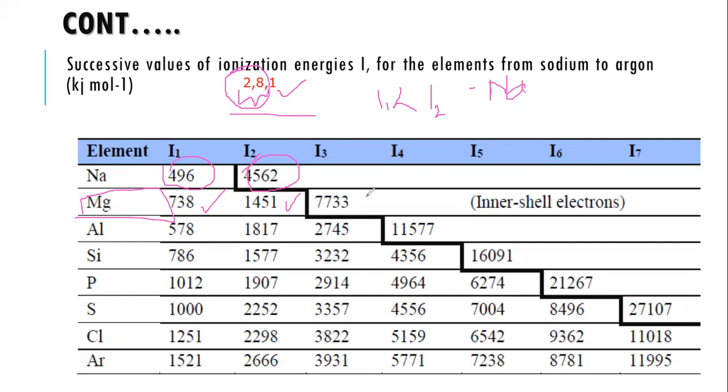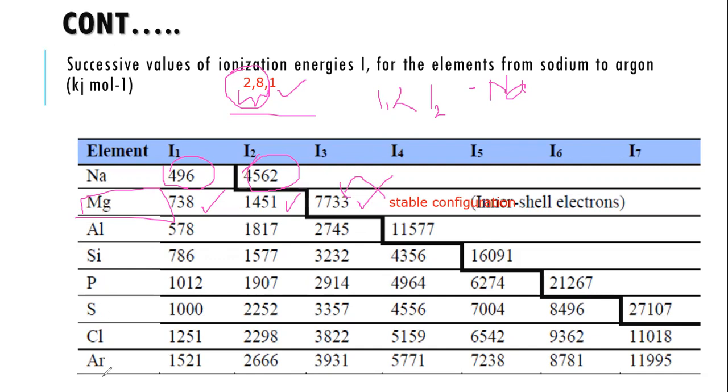Once you step into the third electron, again it came to the stable configuration. So when you step into the stable configuration, you can see what is happening: you have to provide more energy. For that sake, it's high for magnesium.